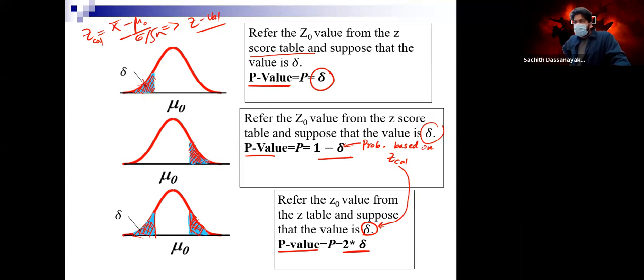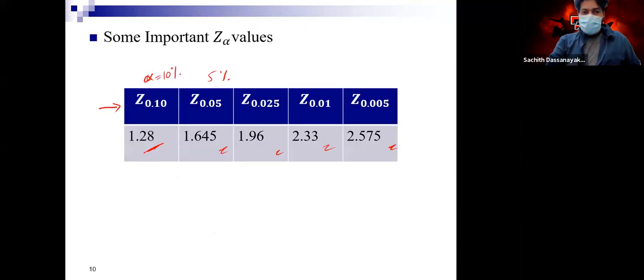Okay, let's say C cal value is this one. Then once you check your standard normal table, you will figure it out. That probability value is 0.025. Then what you have to do? You have to multiply that by 2.